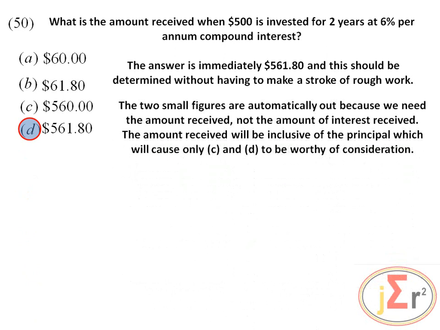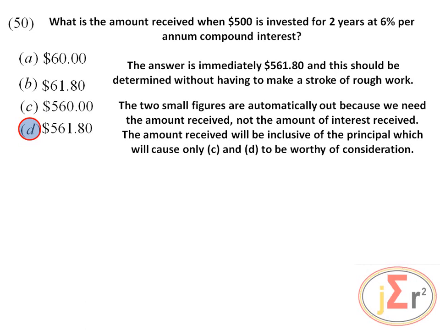The two small figures are automatically out because we need the amount received, not the amount of interest received. The amount received will be inclusive of the principal, which will cause only C and D to be worthy of consideration.